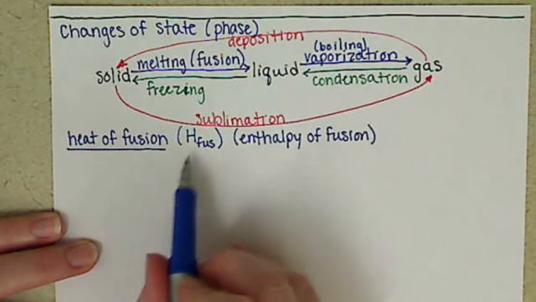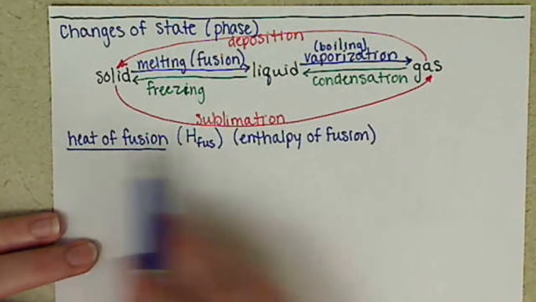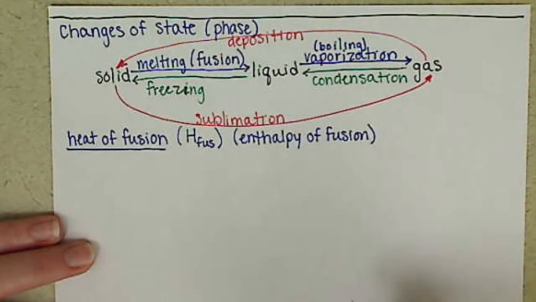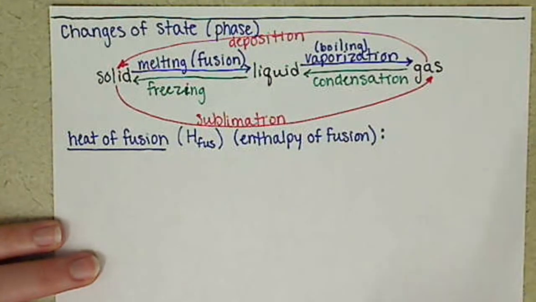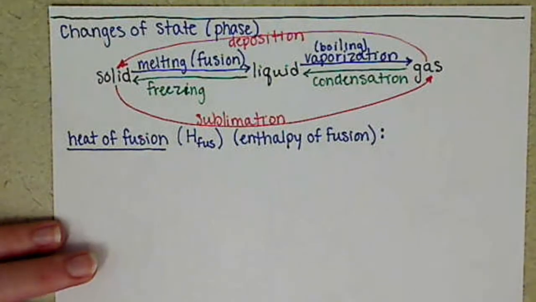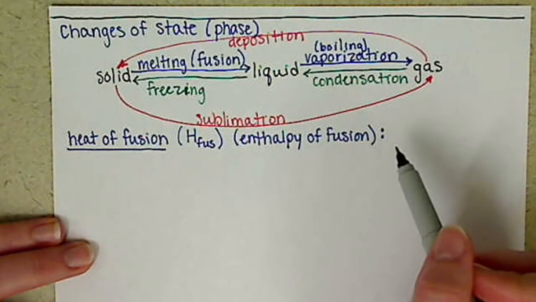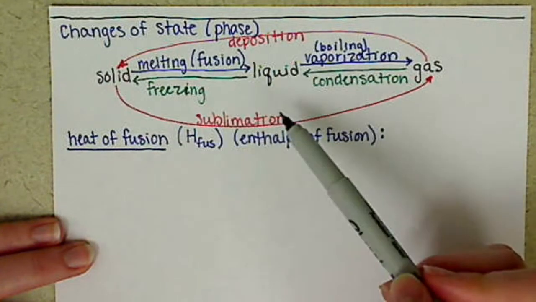And that's because this capital H here actually does not stand for heat, it stands for enthalpy. It's one of our physical properties, which we'll talk about more momentarily. Basically, our heat of fusion or our enthalpy of fusion is the amount of energy needed to separate the particles of a solid.